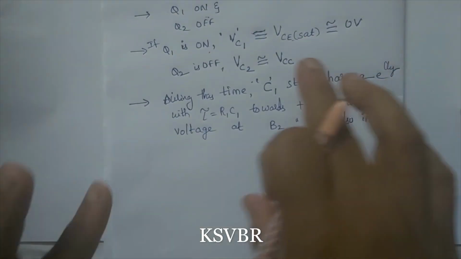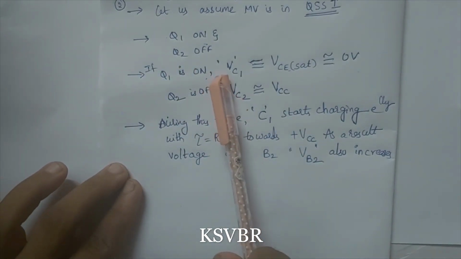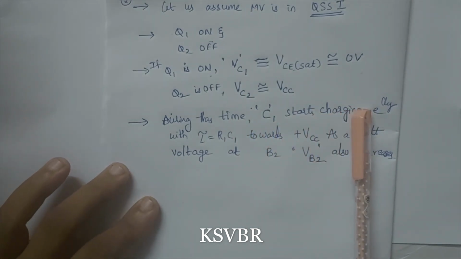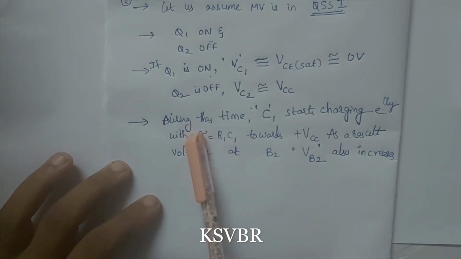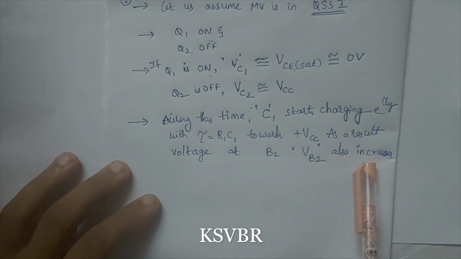So during this instant this happened. Because of the on transistor, VC1 is equal to 0, and capacitor C1 starts charging exponentially, having some time constant. Because of being connected to base 2, because of that crisscross coupling, VB2 is also getting increased here.